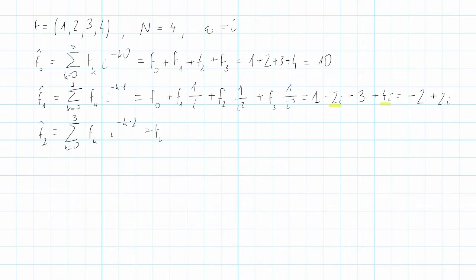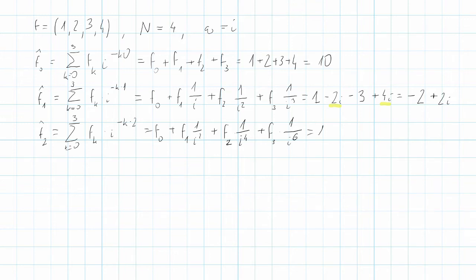Again, just f0 plus f1 times 1 over i squared plus f2 times 1 over i to the 4th power plus f3 times 1 over the 6th power of i.